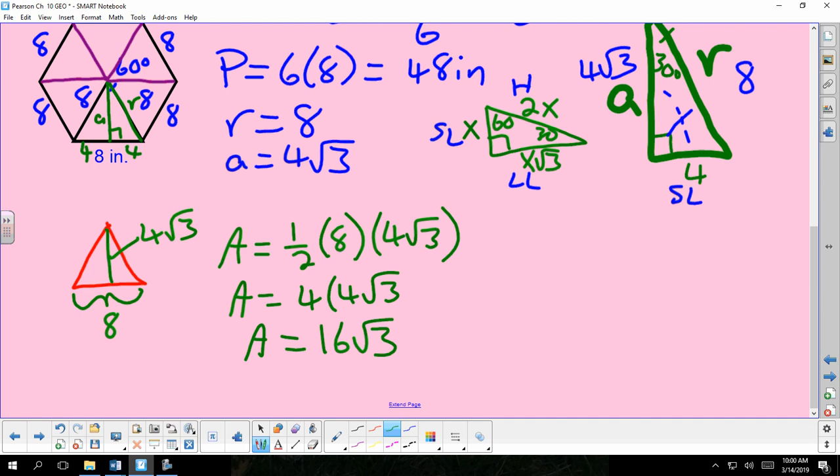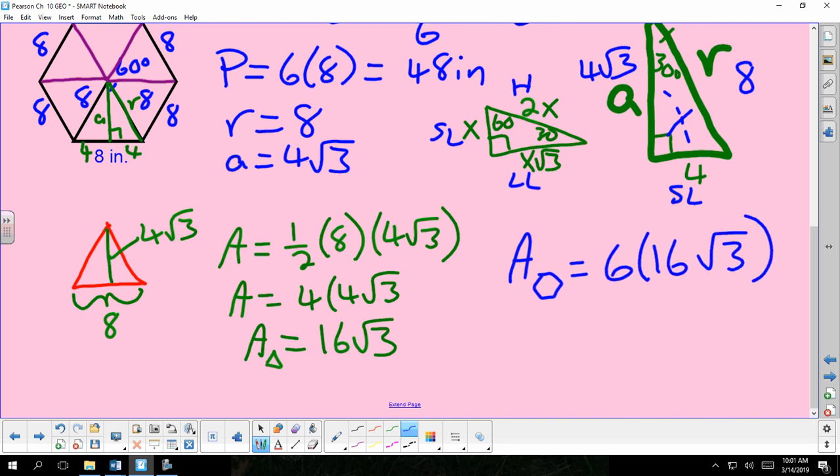And then the area of the entire hexagon, so that's the area of the triangle right there. The area of our hexagon is 6 times 16 root 3. We're getting 96 root 3.